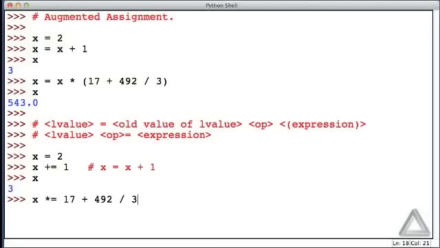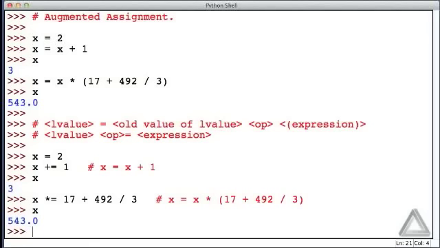So we don't need the parentheses here, although we certainly could add them in. So this is equivalent to what we had written above. X is equal to x times the expression 17 plus 492 divided by 3. If we leave the parentheses off there, we get a different value. But let's check on the value of x, and it is what we had before.